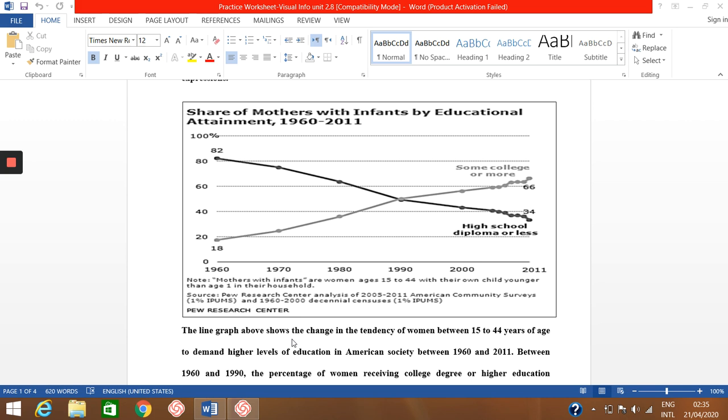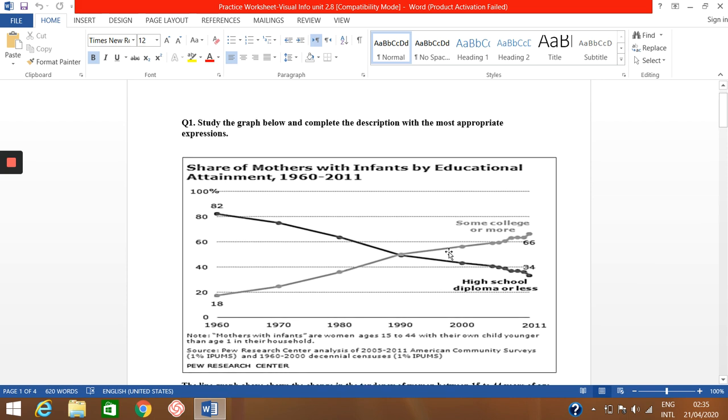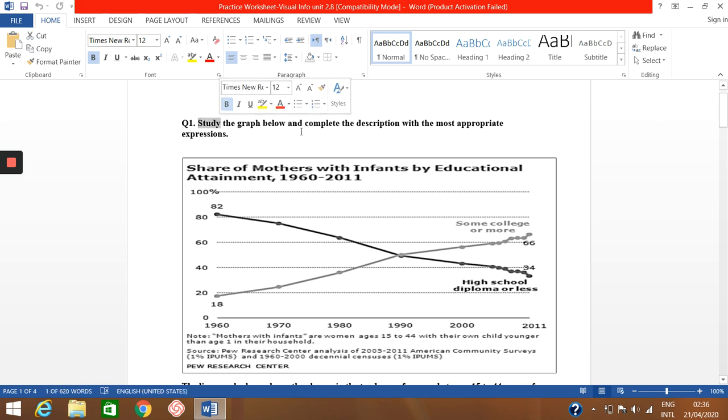So to start with, let's have a look at the first part here. You see, first of all, here we have a graph, and let's start with the instructions given here. The instructions start by saying study the graph below and complete the description with the most appropriate expression.